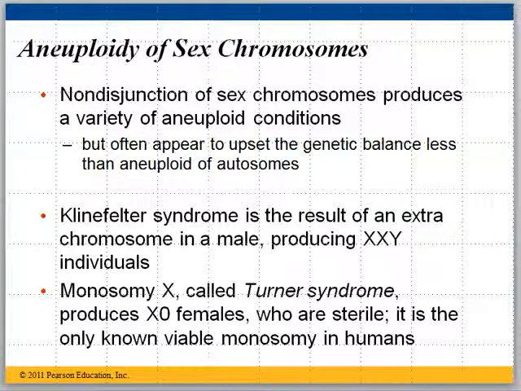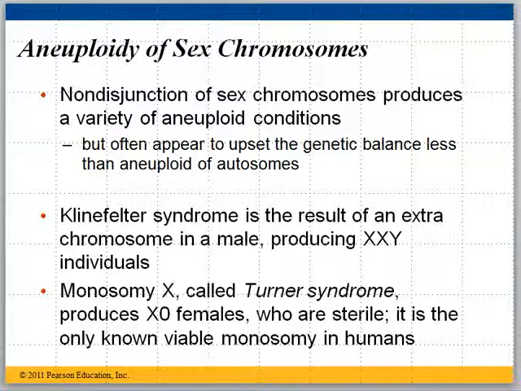But oftentimes, it appears to not upset the genetic balance quite as much as when this happens to the autosomes. So oftentimes, you won't see any major detrimental effects as you would with aneuploid conditions of the autosomes.